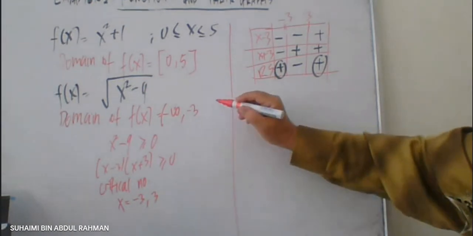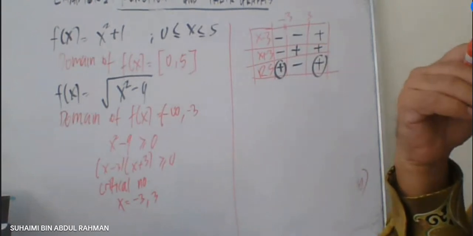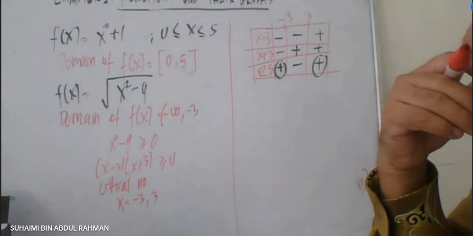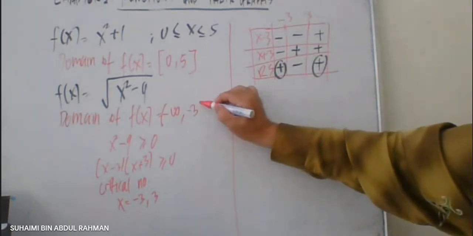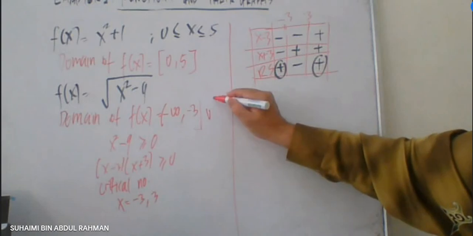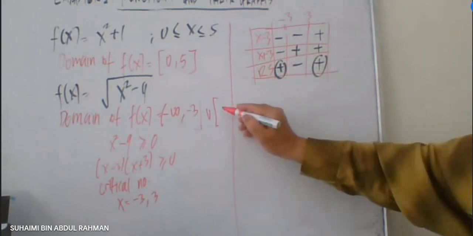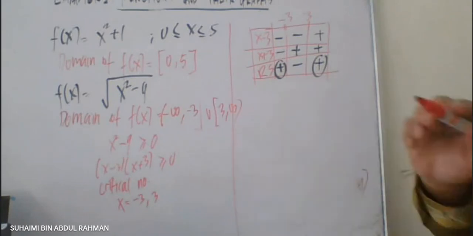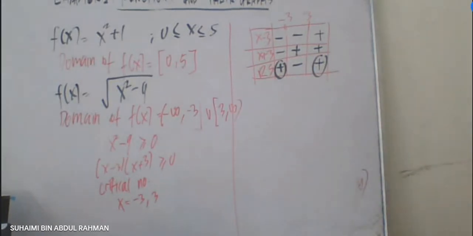Including. Why including? Because we get 0. Okay. Union 3 to infinity, excluding infinity. That's the domain of the function.